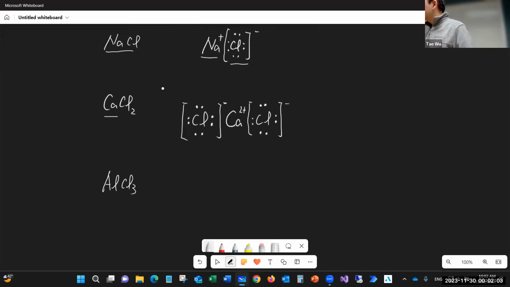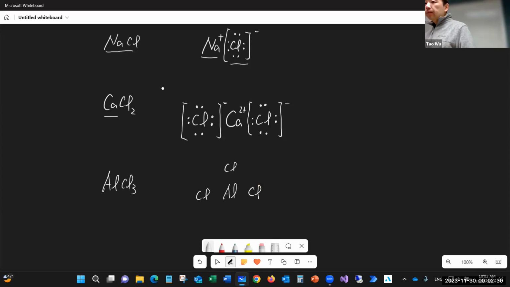Okay, so now let's think about how to write aluminum chloride. Generally it's the same thing, right? You write the aluminum in the middle, and then we have three chlorides. Now think about where we should write the chloride. On the sides, we have 1 chloride, 2 chlorides, 3 chlorides.